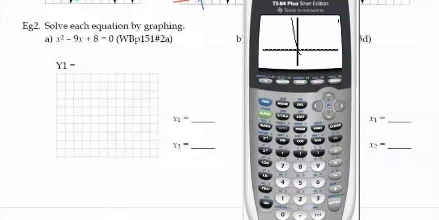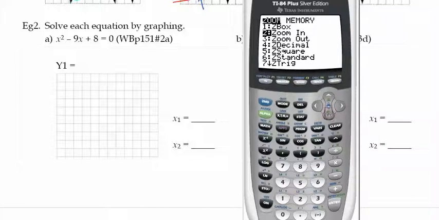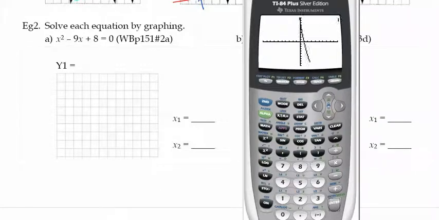So here, let me graph it. Well, my graphing calculator doesn't have a proper window. Let me zoom it back to standard. So here is a parabola, and by just looking at the screen, it seems like I have x equals 1 here, and I have x equals 8.